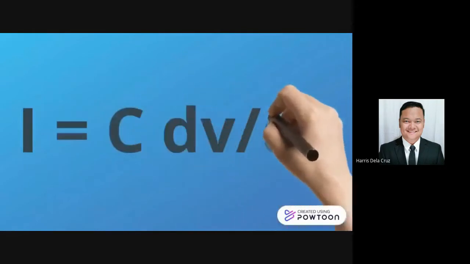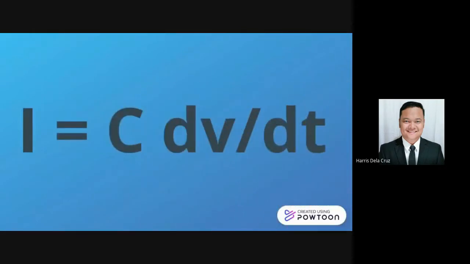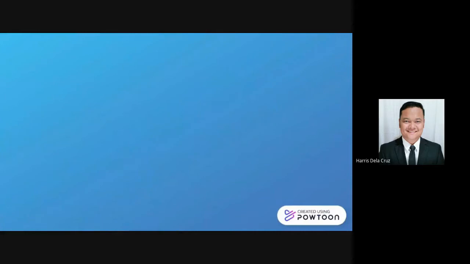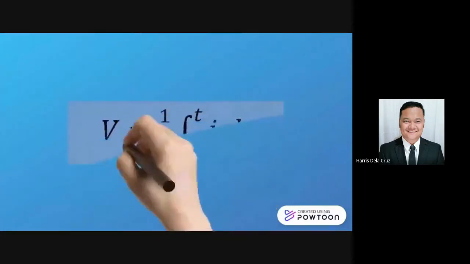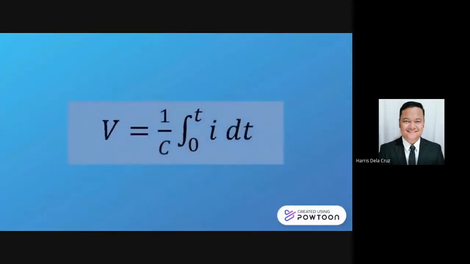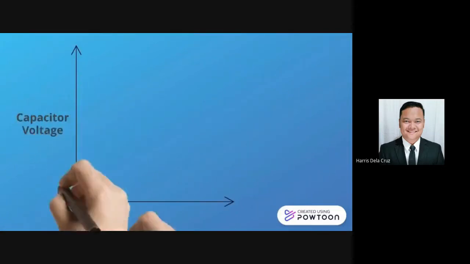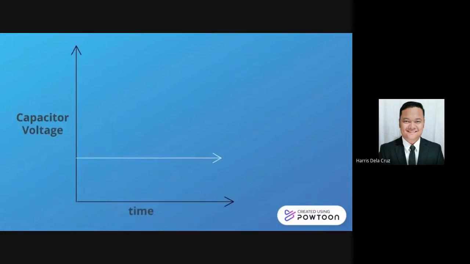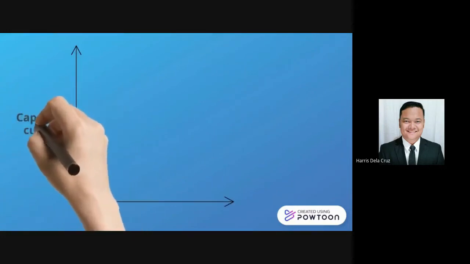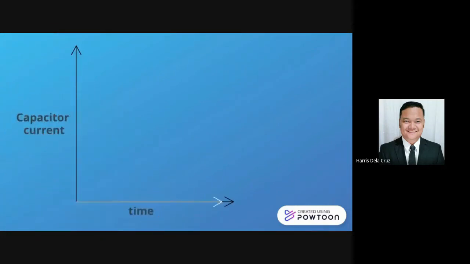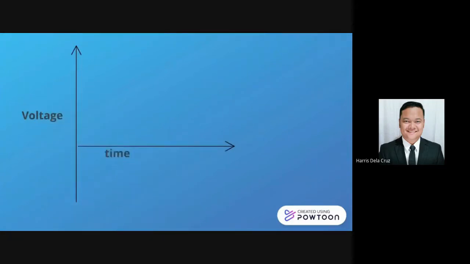Current is proportional to the derivative of the capacitor's voltage with respect to time, and capacitor voltage is proportional to the integral of capacitor current. The current is dependent on the derivative of voltage. So, if the derivative is equal to 0, then the current is also equal to 0. This is one of the bases on how electricians choose between AC current and DC current.